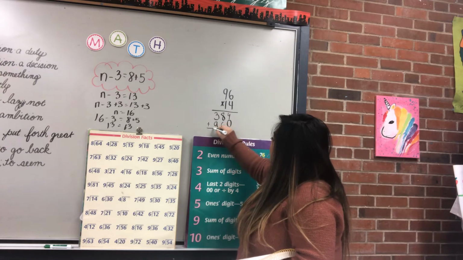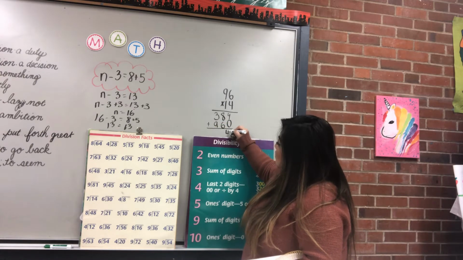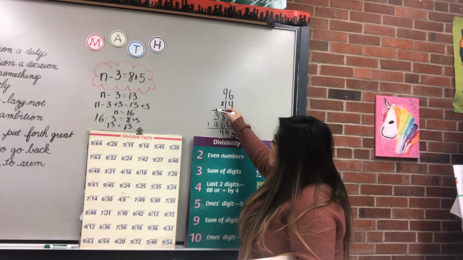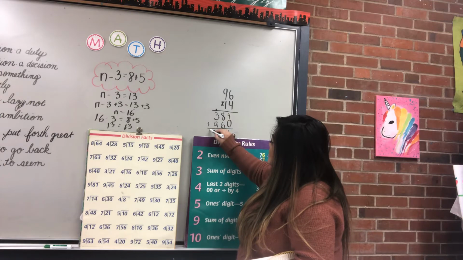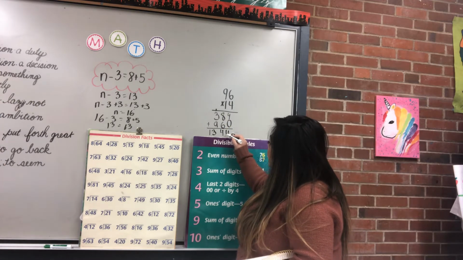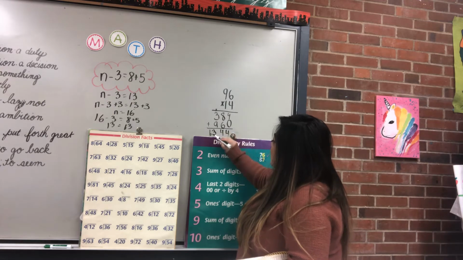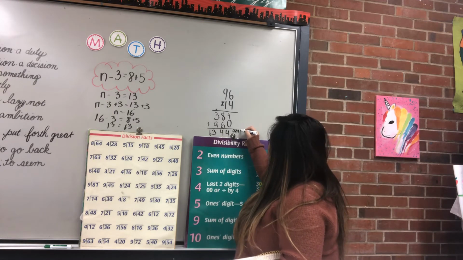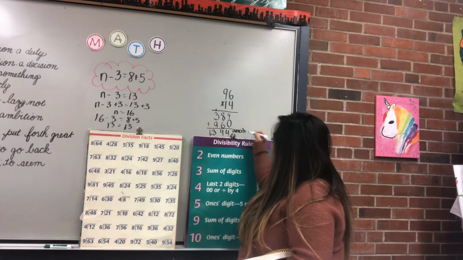Add that together, and 4 plus 0 is 4. 8 plus 6 is 14. Carry the 1. 1 plus 3 plus 9 is 13. Add your comma, and you have 1,344 pencils. So you're going to put that as your first answer.